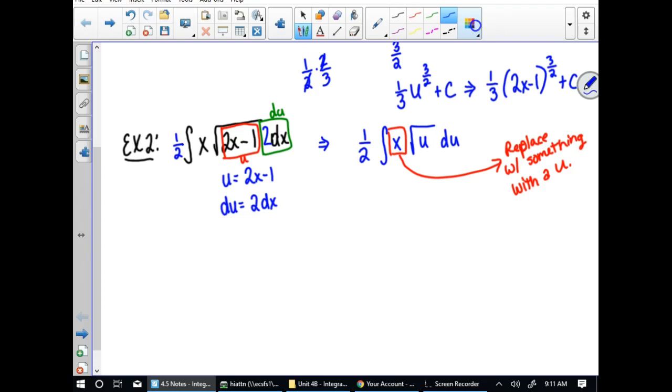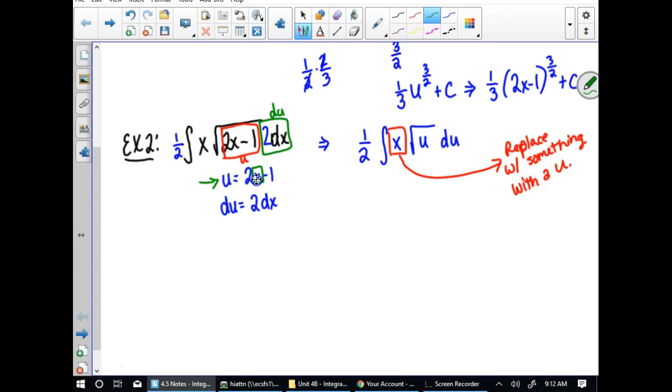So what we're going to do for a problem like this is we're going to use u equals 2x minus 1. Now, we're setting that as a fact, u equals 2x minus 1. I need to replace just the x, right? That's all I've got over here that needs to be replaced. So I'm going to solve this equation for my x.